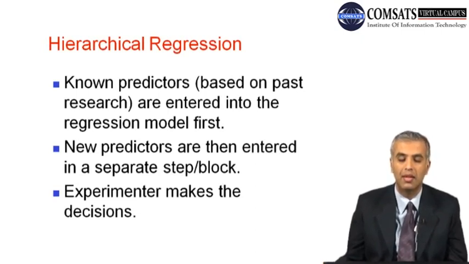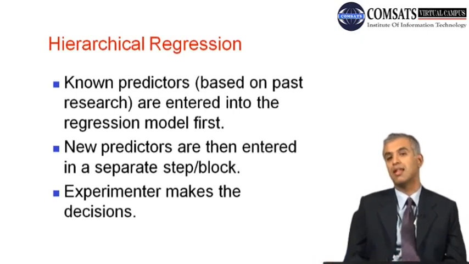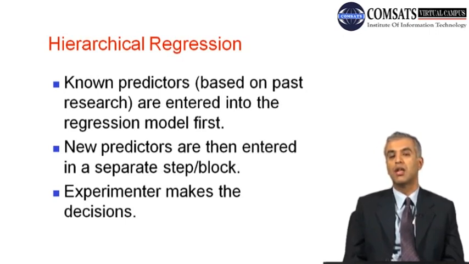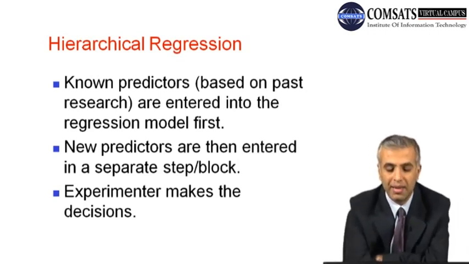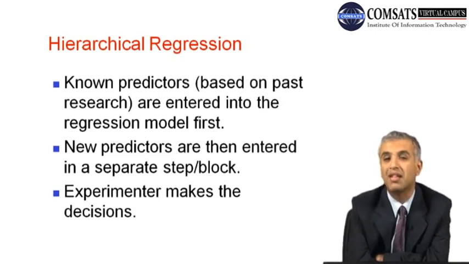In this case you can see that independent variables are entered in the regression model, and those independent variables are entered first for which we know their impact from previous studies. So these known predictors, whose impact has already been tested in previous research, are preferred and entered first in the regression model.